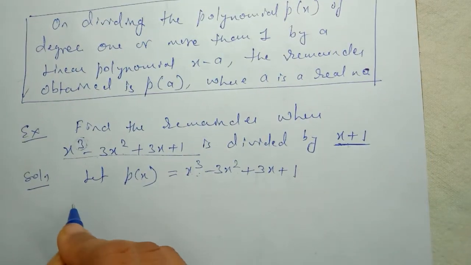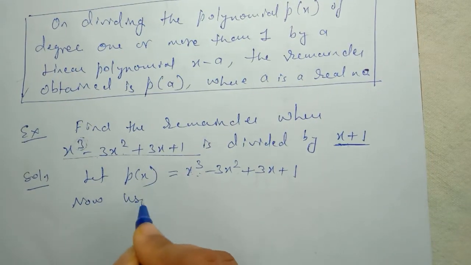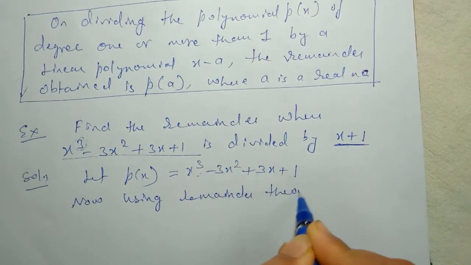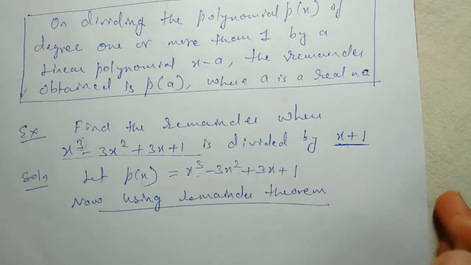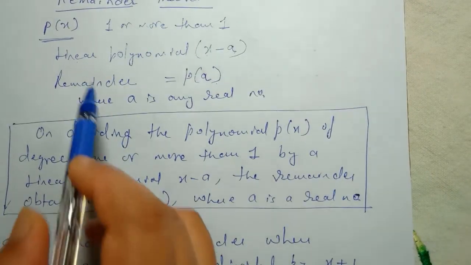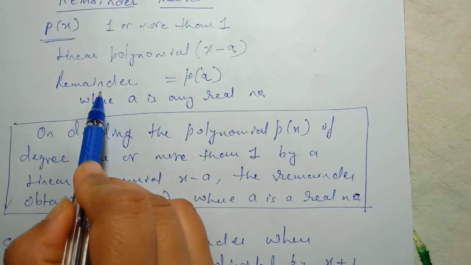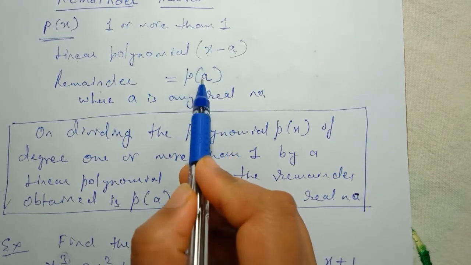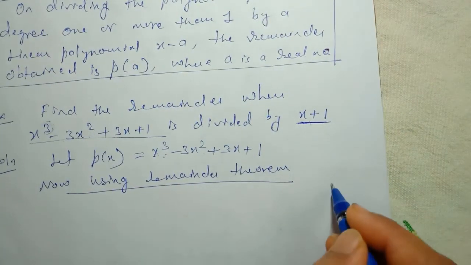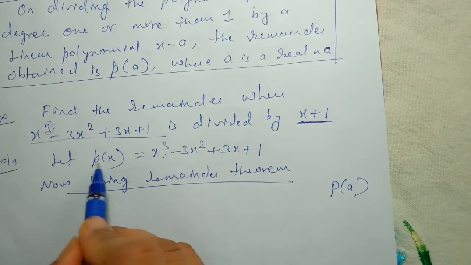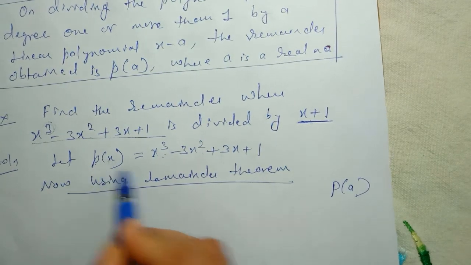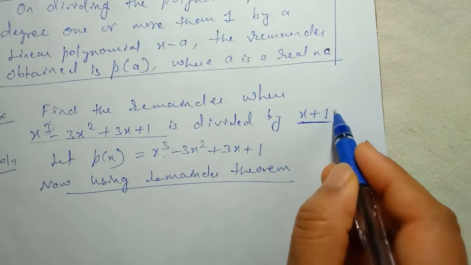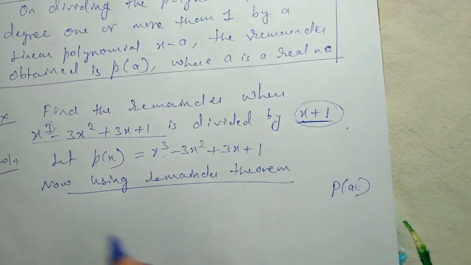Now, using the remainder theorem, what does it say? The remainder that we get after dividing the given polynomial by a linear polynomial is p(a). Here we have written p(x). In place of x, we have the value of a. So from where will we get the value of a?